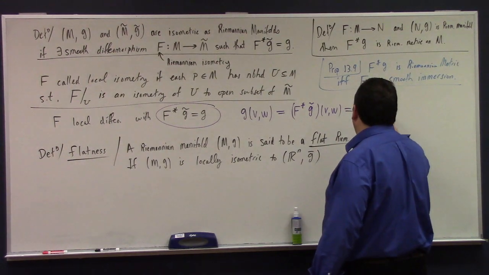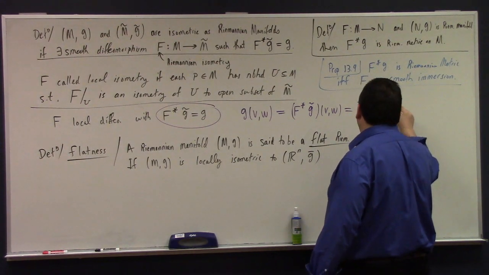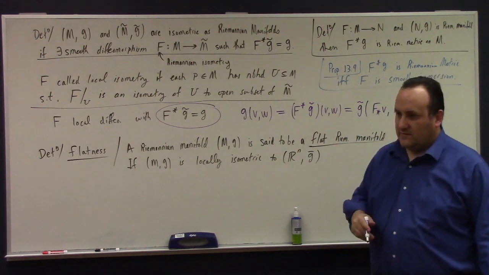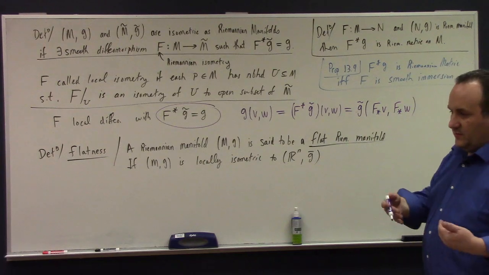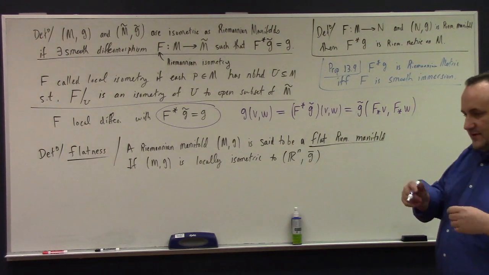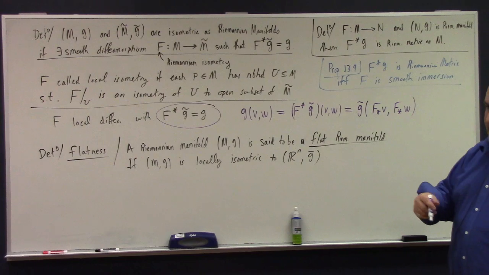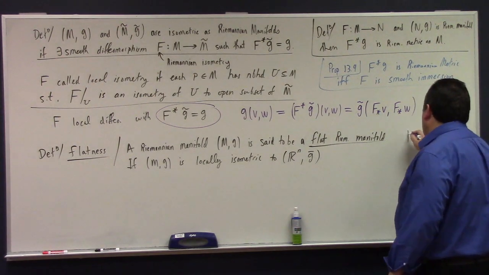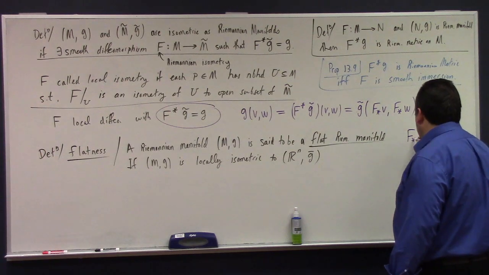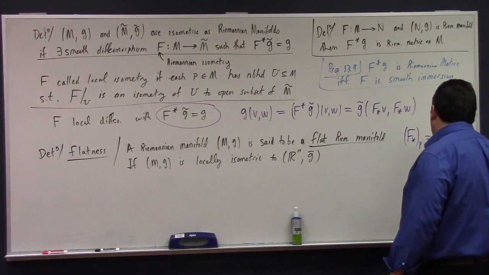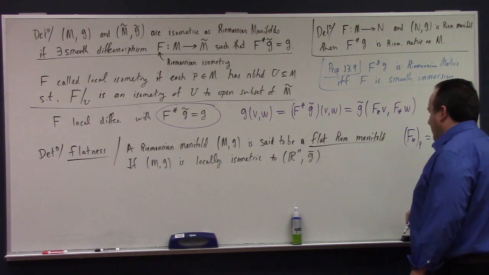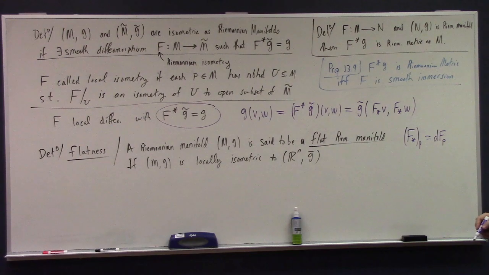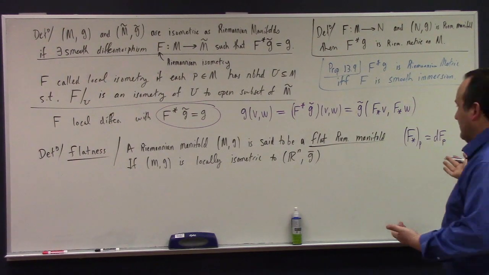Of F push forward V, F push forward W, if you'll allow me to use this notation here. Of course, we could put in points, and then we could do the dF sub p. But remember, dF sub p is the F lower star. Depending on which book you look at, it may fuss more or less about the notation in that regard. Does this make sense?